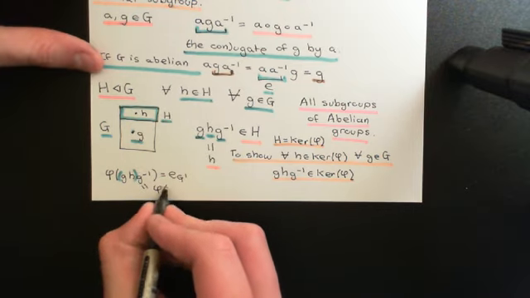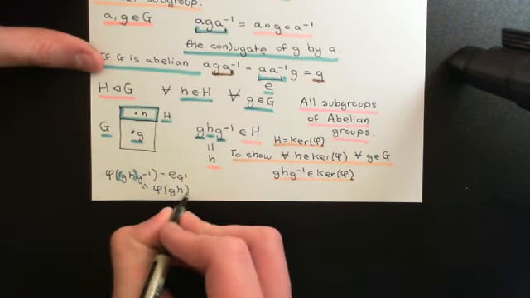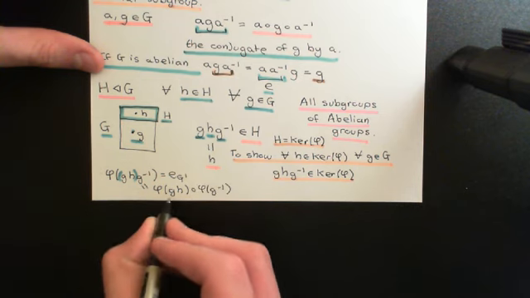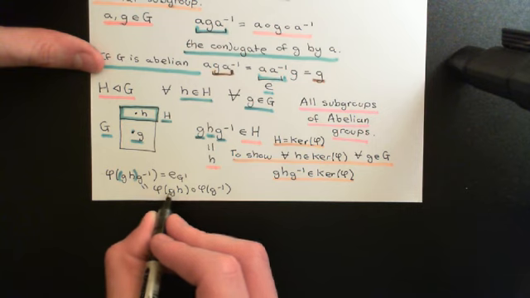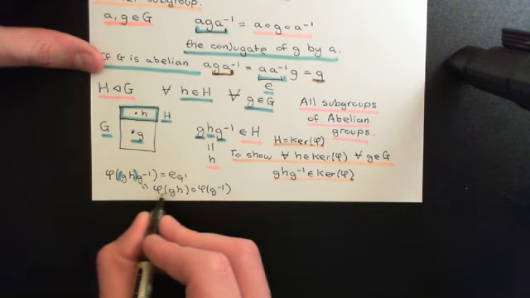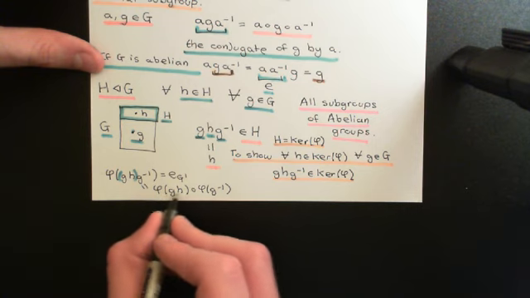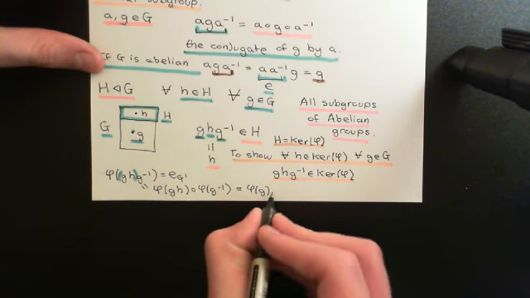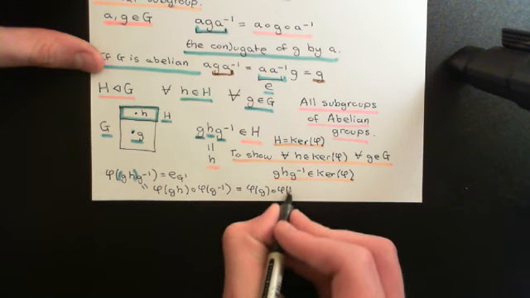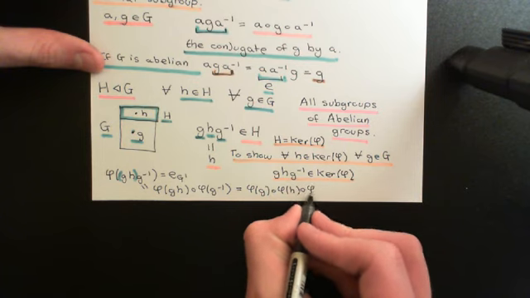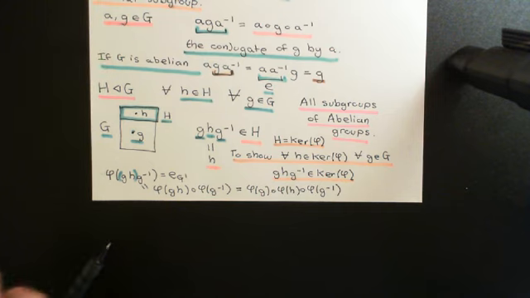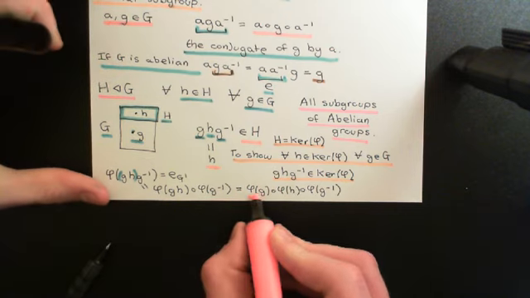So I could then split it up into phi of GH composed with phi of G inverse, and then I could remember that this is actually two separate things, and apply the law of homomorphisms again to split this up again. So I'd end up producing phi of G composed with phi of H composed with phi of G inverse. Okay, brilliant. Now, what am I going to do with this?